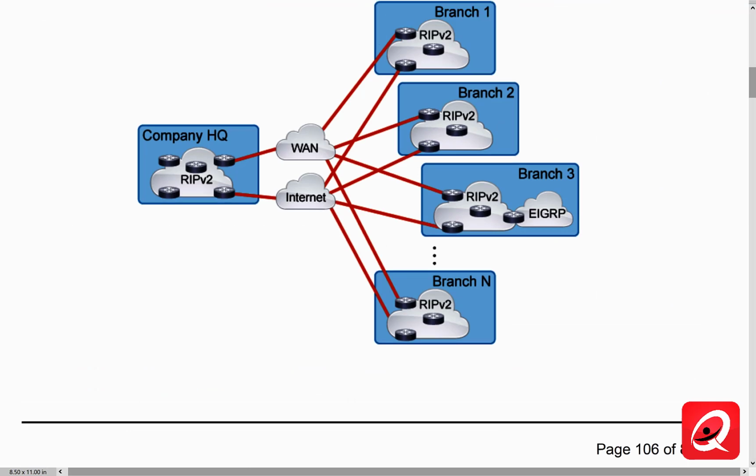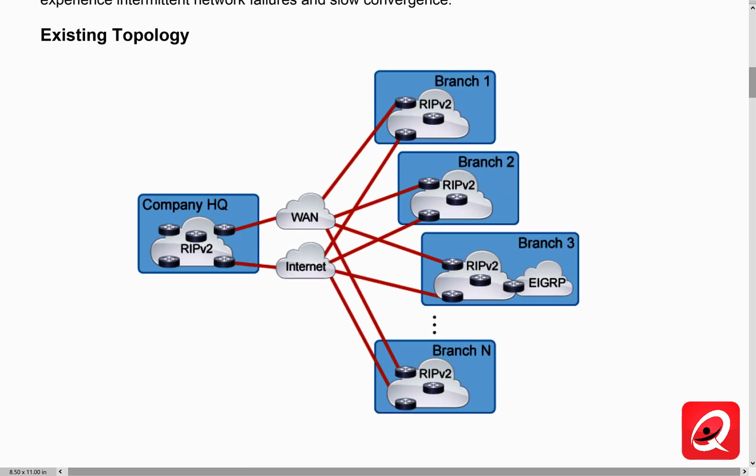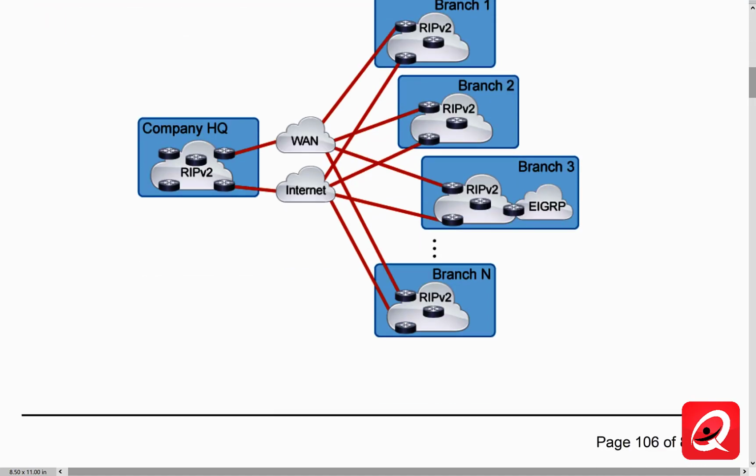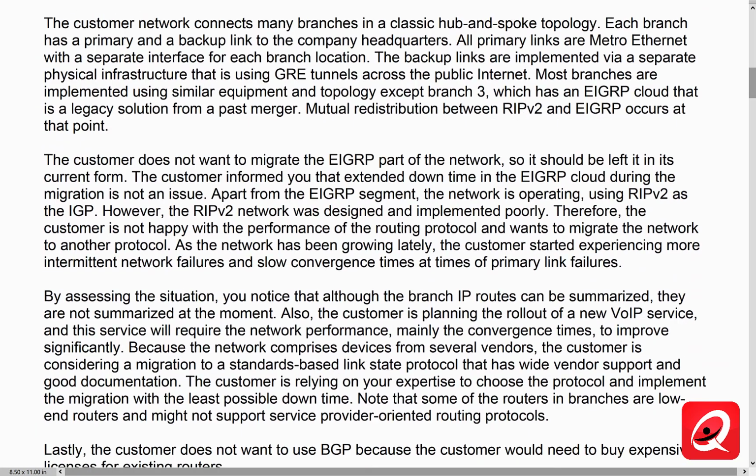So is that in the diagram here? Yes, right here. They're talking about branch 3. We have a RIP version 2 domain, but we also have EIGRP being redistributed into RIP. All right. I don't know that that really makes much of a difference. RIP pretty much treats redistributed routes just like it treats internal RIP routes, but we're making a mention of that.